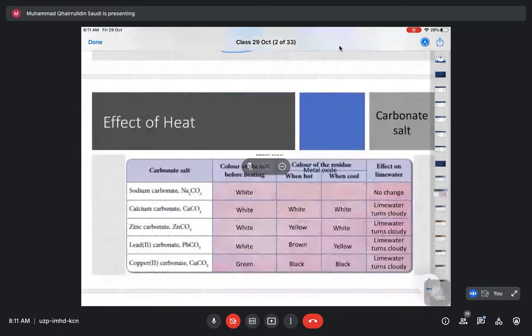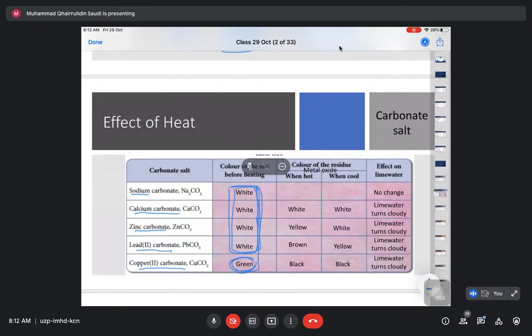Mula-mula kita guna sodium, kemudian kita guna calcium carbonate, kemudian zinc carbonate, lead 2 carbonate, copper 2 carbonate. Tengok, warna salt tersebut semuanya white kecuali copper 2 carbonate. Copper 2 carbonate warna dia green. Okay, tapi kalau yang lain-lain ni kita tak dapat identify pun sebab semuanya warna white.